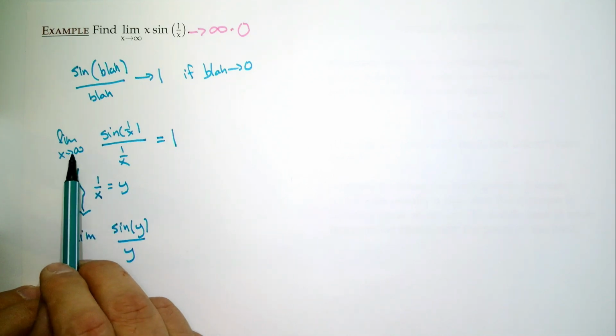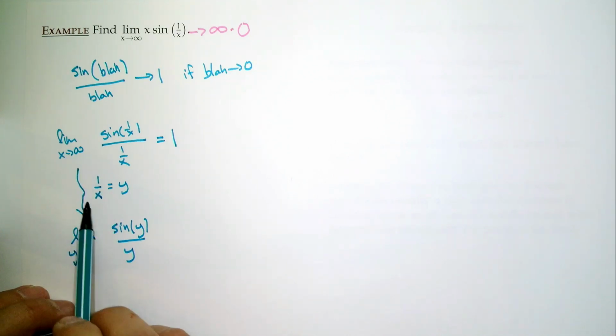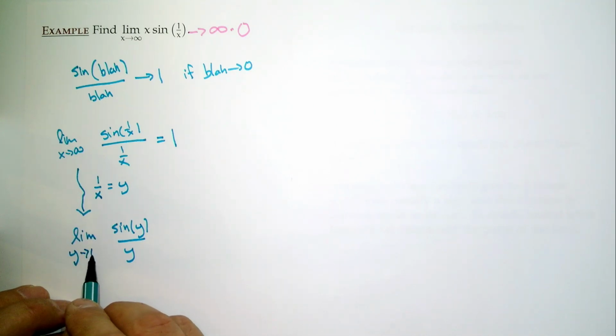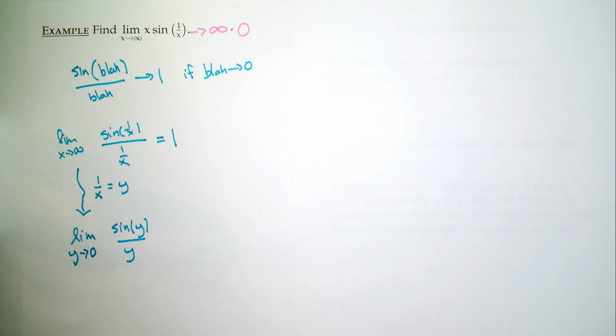Well, as x goes towards infinity, what happens to 1 over x? Goes to 0. Can we be even more precise? Not that we have to be, but I just want to ask the question. Someone says going positive, right? See, this is the nice thing about infinity. You can only approach infinity from one direction. If I'm going to positive infinity, I can only approach it from below.